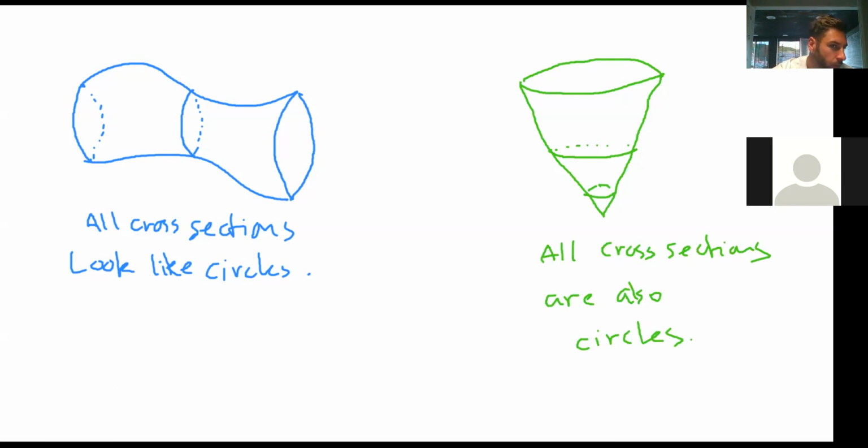So, for example, maybe we'd like to know about a pyramid. What does a pyramid look like? A pyramid has, say, a square base.